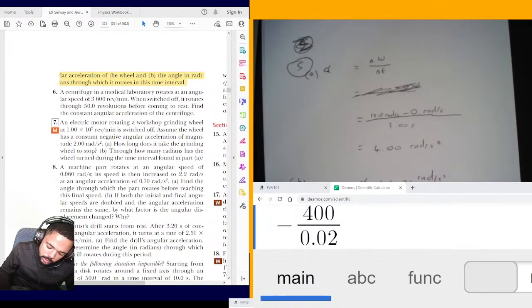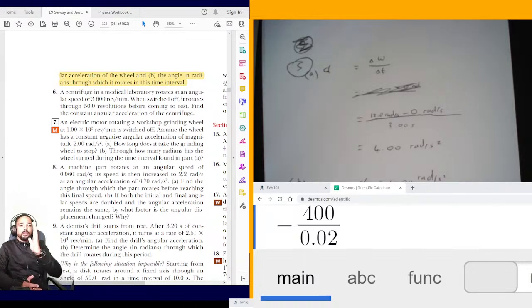Half of 36 is 18. So 18 radians is how far this wheel travels in 3 seconds.